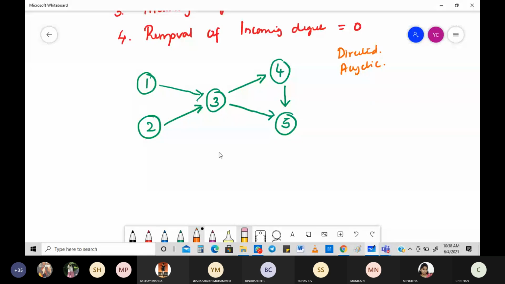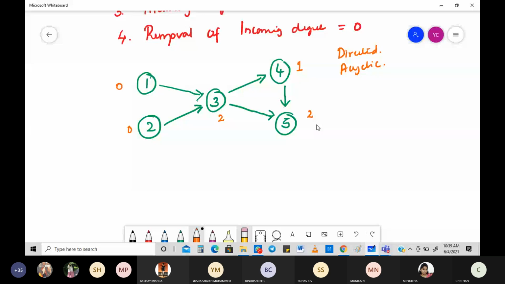The incoming degree of 1 is equal to 0. Incoming degree basically means the number of edges coming towards the node. For 2, 0. For 3, incoming is 2. For 4, incoming is 1. For 5, incoming is 2.